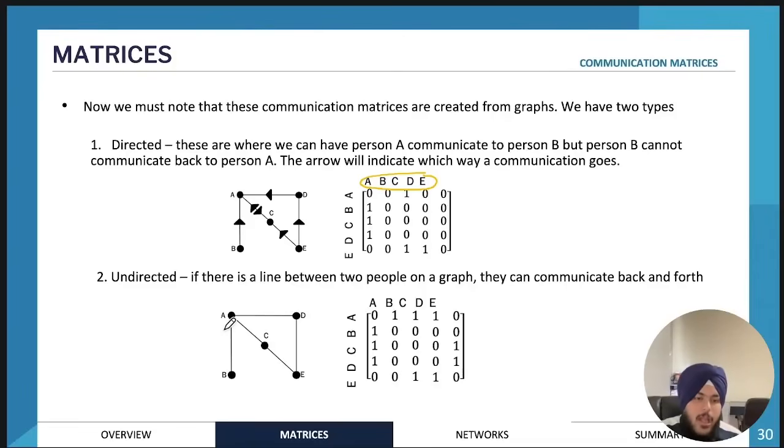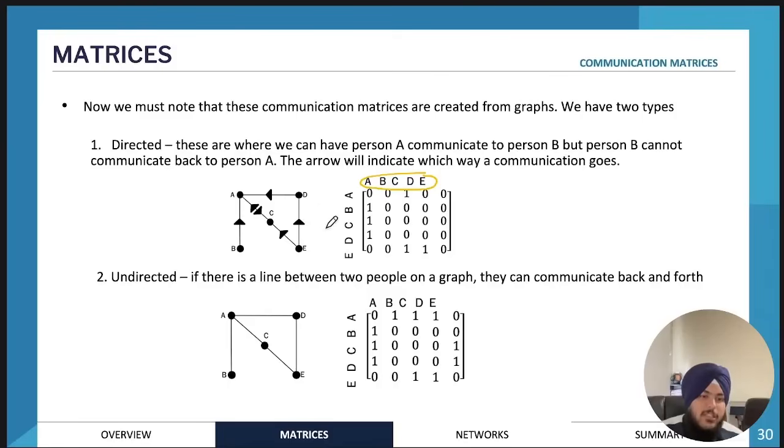For example, you can send a message to your friend and the friend can send a message back to you. For a directed example, in a certain position at a job, a person can send a message to their boss, but their boss can't send a message back to them.